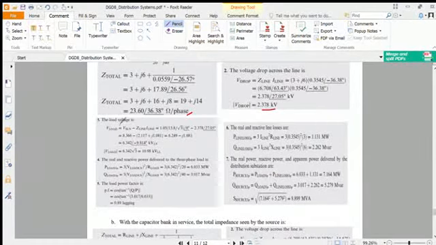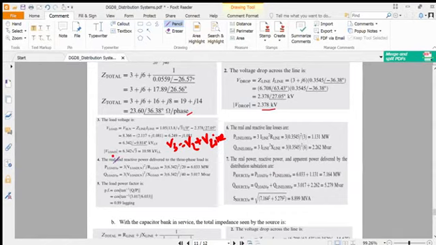On the load side, how do we get the equation? The sending end voltage equals the load voltage plus the line drop, and we get the load voltage.